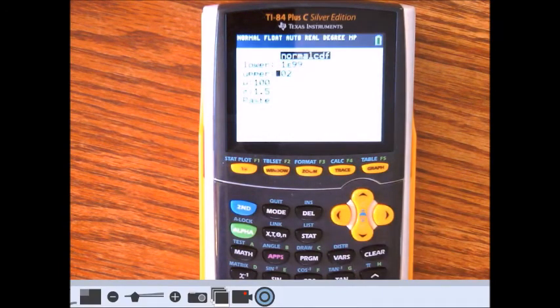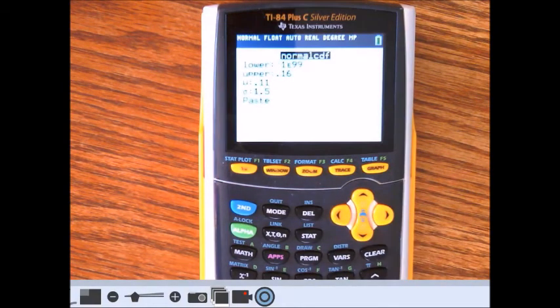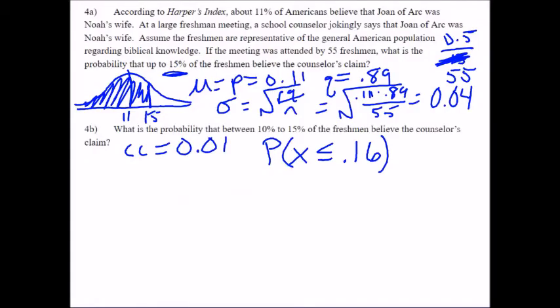My upper is going to be 0.16 with a mu of 0.11. The standard deviation is 0.04. And that gives me 0.894. So about an 89% chance that up to 15% of the freshmen believe that claim.